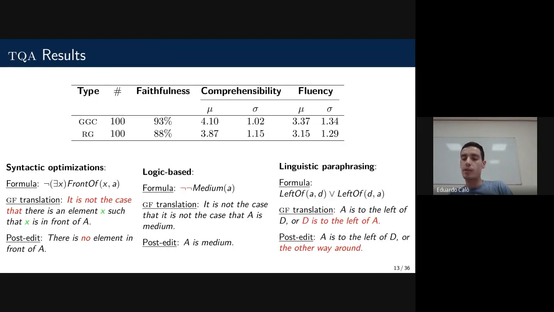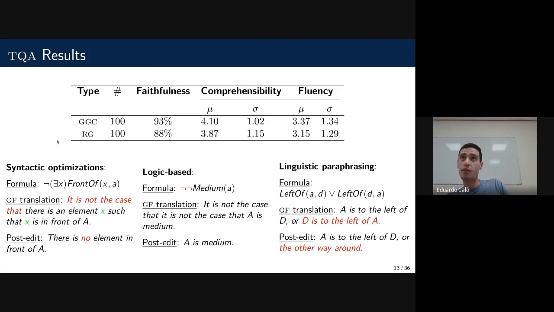Based on the results of this translation quality assessment, you can see the summary of the results in the table, and the formulas from the manually crafted corpus are more comprehensible and fluent than the ones which are randomly generated, which was expected. But the most important thing in these results is the suggestions of better translations that we received from the evaluators, because we could categorize the better translations that we got into 3 different areas.